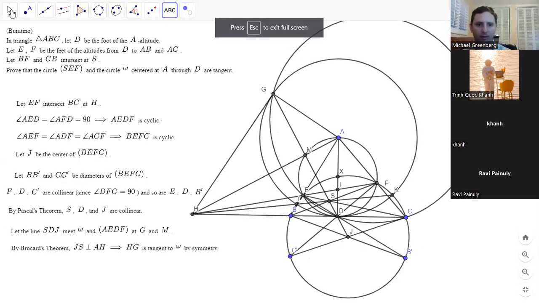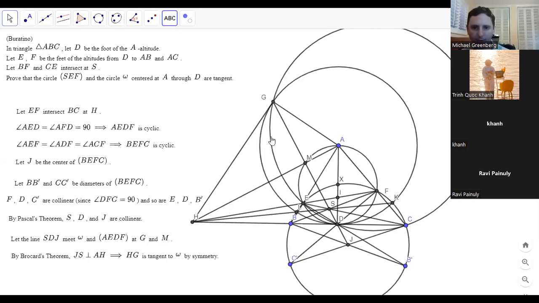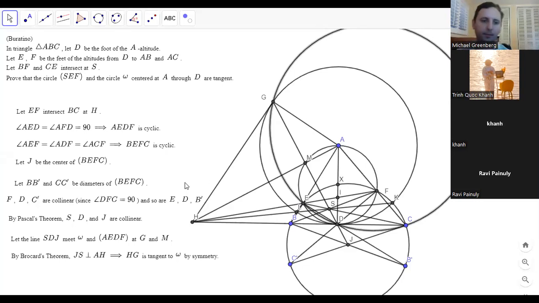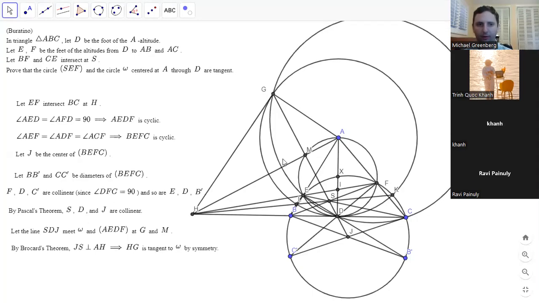So I'm trying to remember, how did we show that this was cyclic? We said that ES times SC is BS times SF. Once I finish writing this up, I'll look at one of the old previous problems. How did we show that GEDC was cyclic?